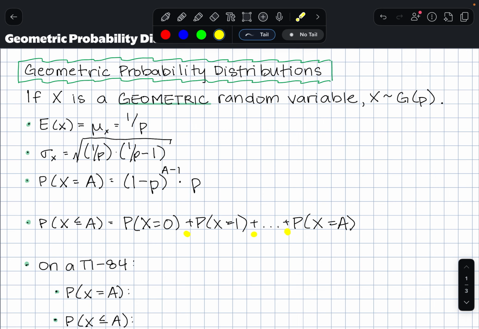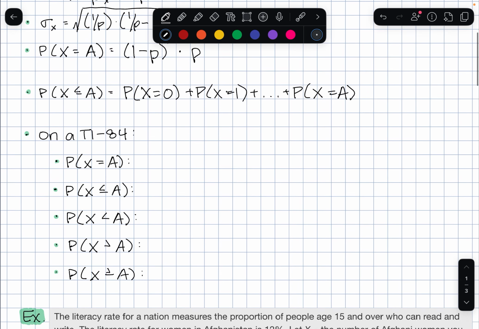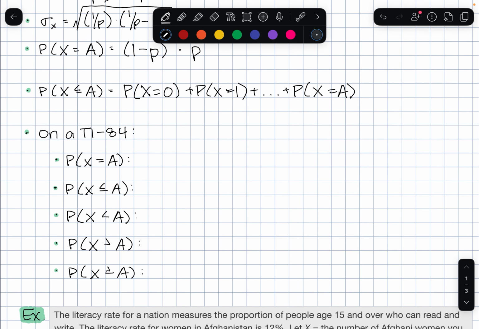I'm adding as I go all the way up to the Ath trial. So I'm going to have a PDF for the exact value and a CDF for the cumulative value. And these patterns are going to follow exactly the same pattern that we saw on our binomial. So I know that to get to the distribution menu, I'm going to press second and then vars, and that'll open the distribution menu.